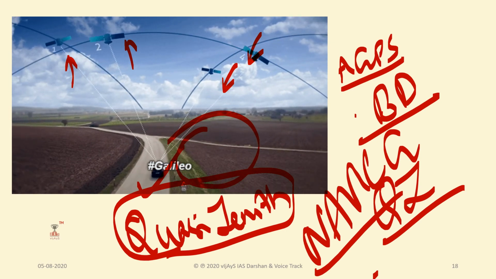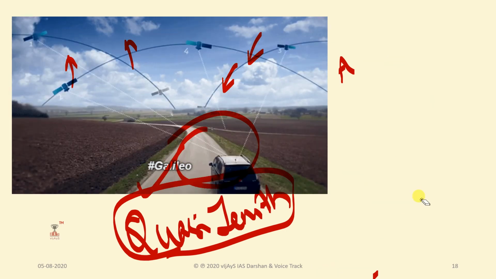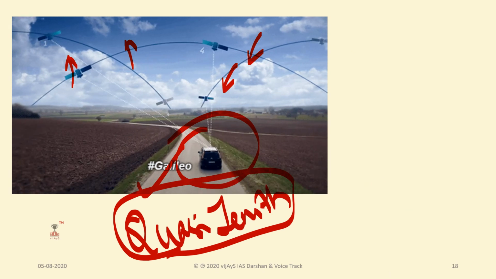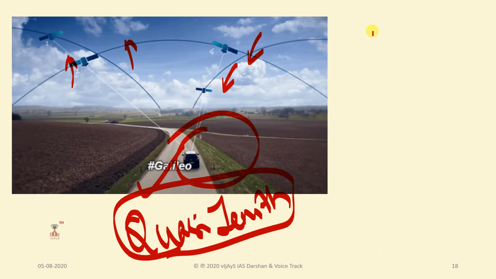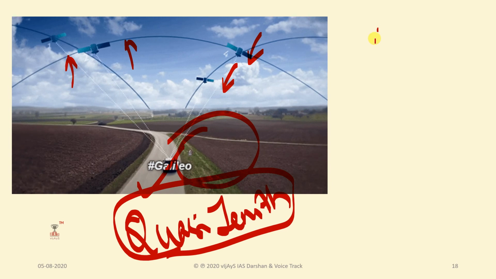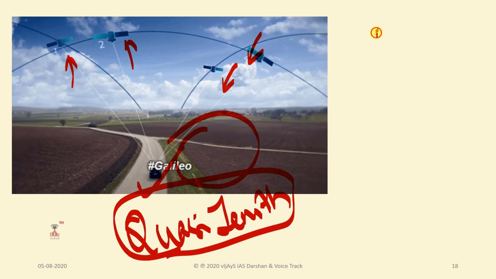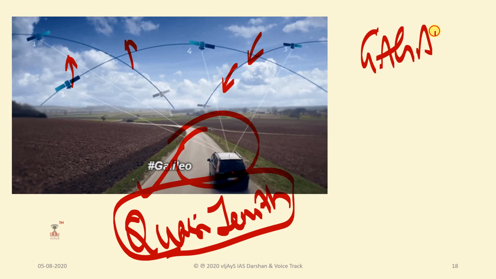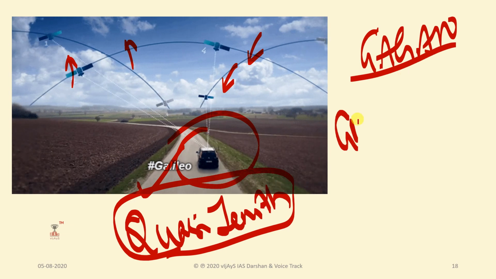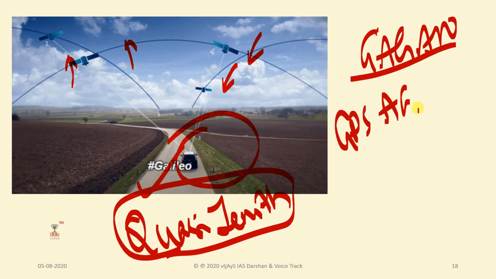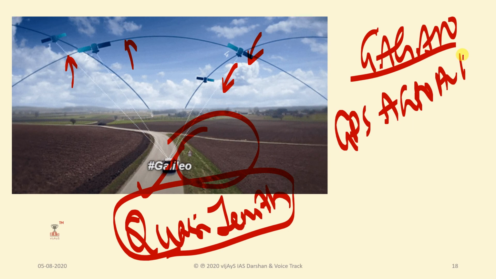And to say, some more topics are there with respect to India here. It also has an augmentation system, which is otherwise called GAGAN. So what is GAGAN here? GPS Aided Geo Augmented Navigation, GAGAN.